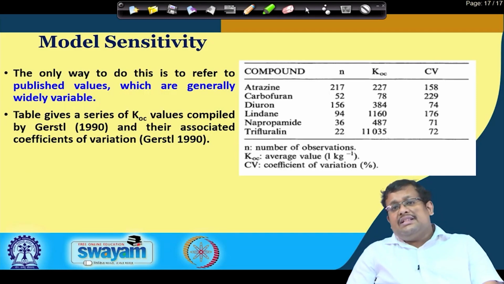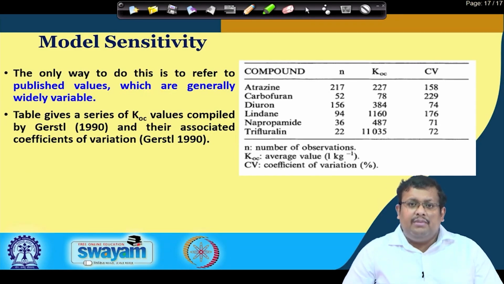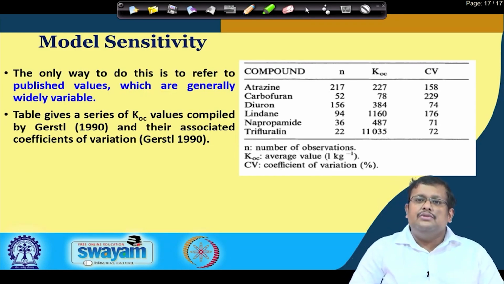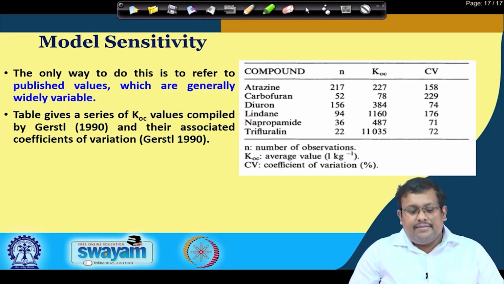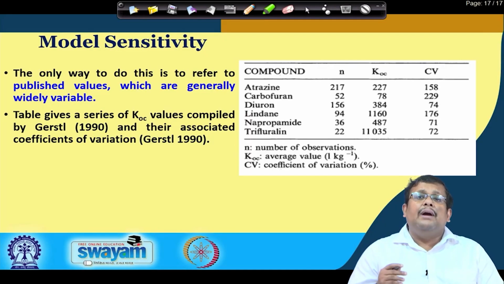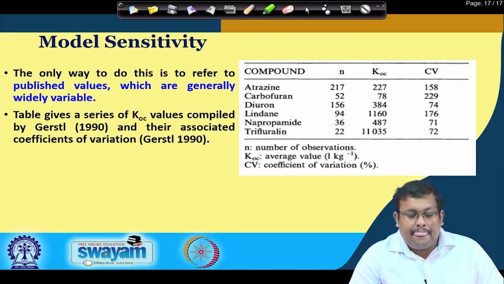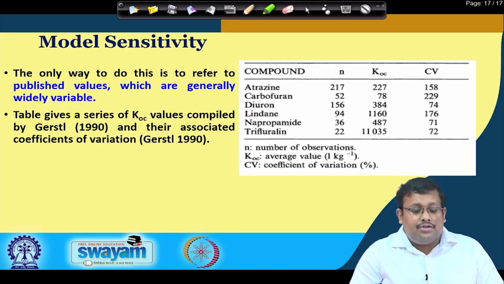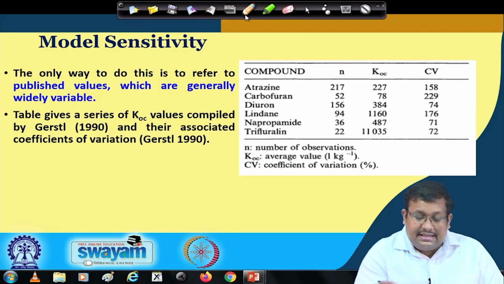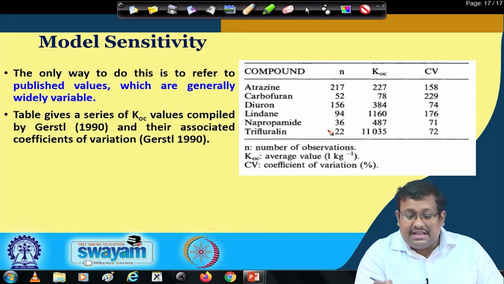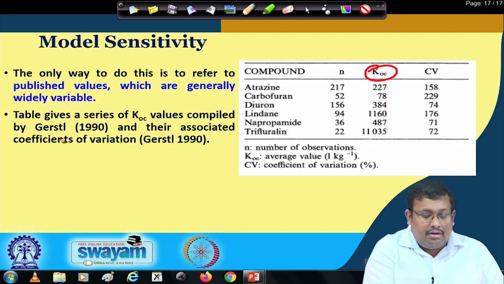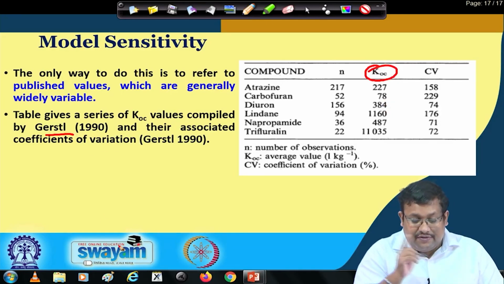Now, what is the way to deal with this kind of problem, because it is highly variable and sometimes it is not useful or feasible to measure those parameters? How do we cope with this model sensitivity issue? The only way is to refer to published values, which are generally widely variable. This table shows a series of KOC values compiled by these scientists and their associated coefficients of variation.